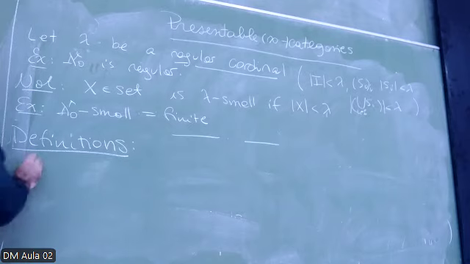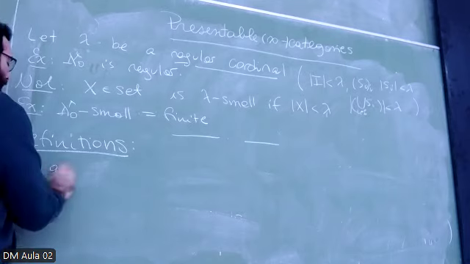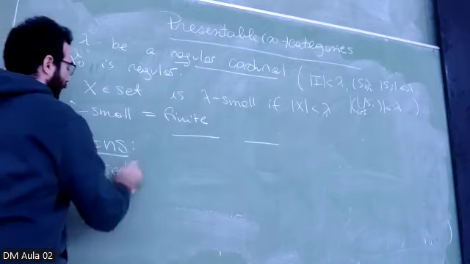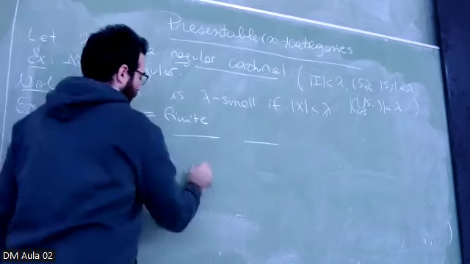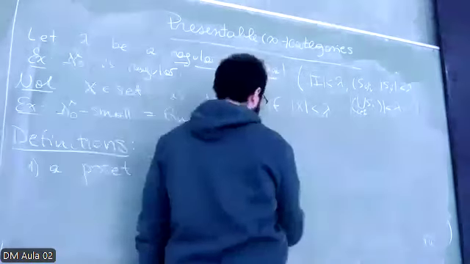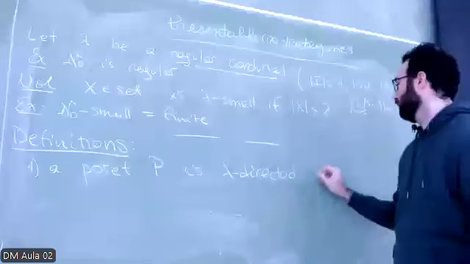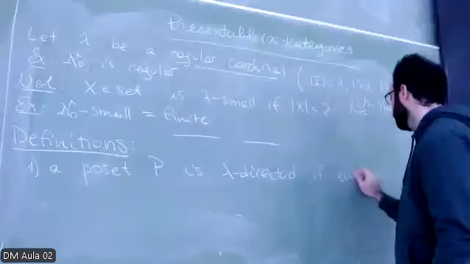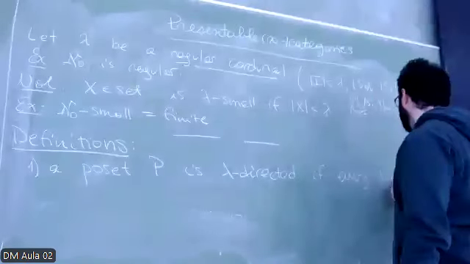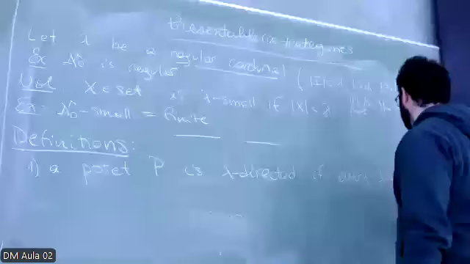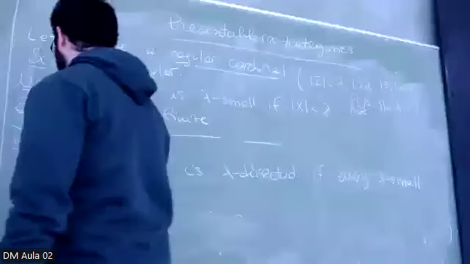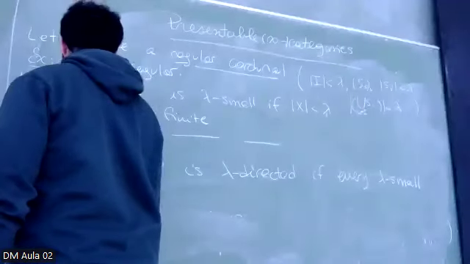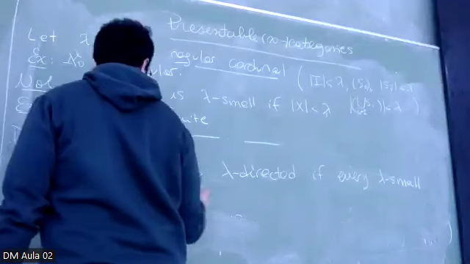So first, a poset P is lambda directed if every lambda small subset has an upper bound.